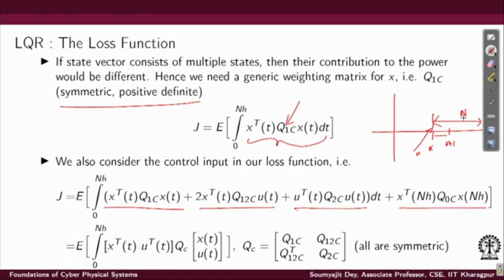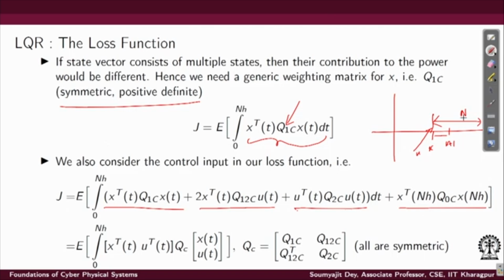You can choose n to be 1, 2, 3. The larger the value of n, you are unrolling your loop over n future iterations, so that your current choice of u is more and more knowledgeable. Because if you use a smaller n, you are not really looking ahead into how the system will unfold based on your input now, right.